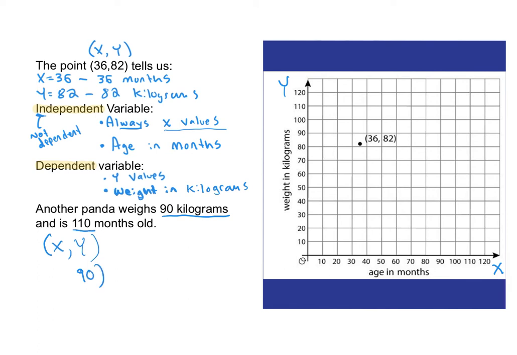And 110 is our months, so that means our x is 110. So we can go over here to our graph and find 110 on the x-axis, find 90 on the y-axis, and find where those two meet. They meet right there. So this is the point 110, 90.